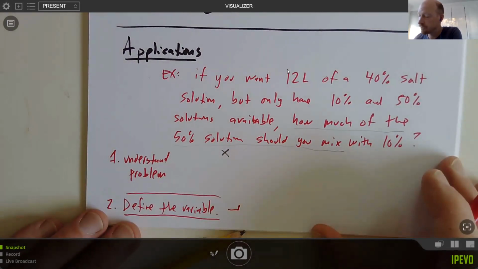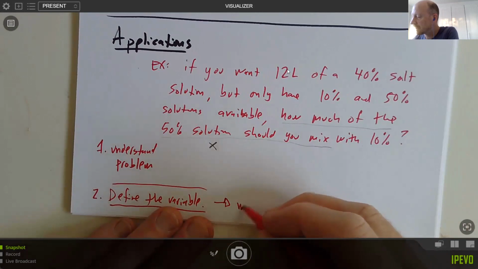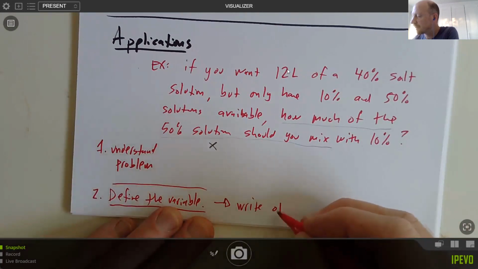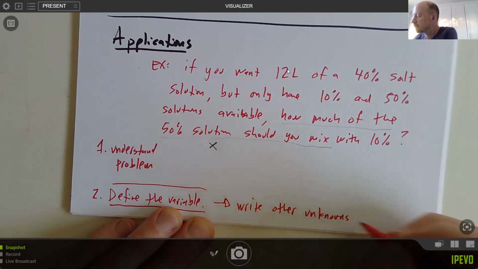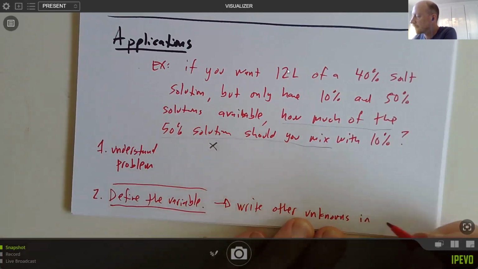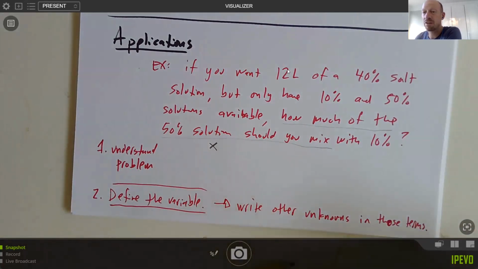When we define those variables, we also would like to write the other unknowns in those terms. So what that means is we may have some other things that we don't know.